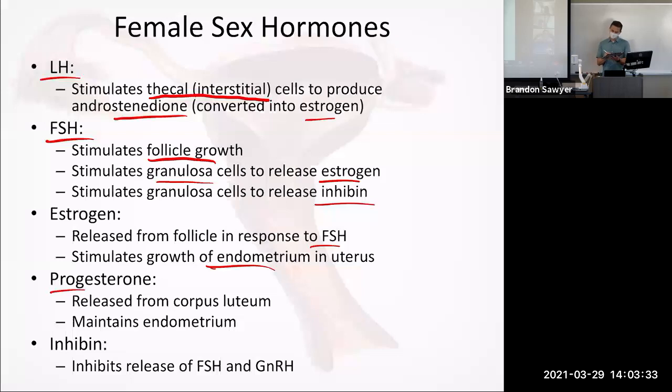Progesterone, as I said, is primarily released from the corpus luteum, after ovulation occurs, and its job is to keep the endometrium alive in case implantation occurs. Inhibin has that negative feedback role for FSH.